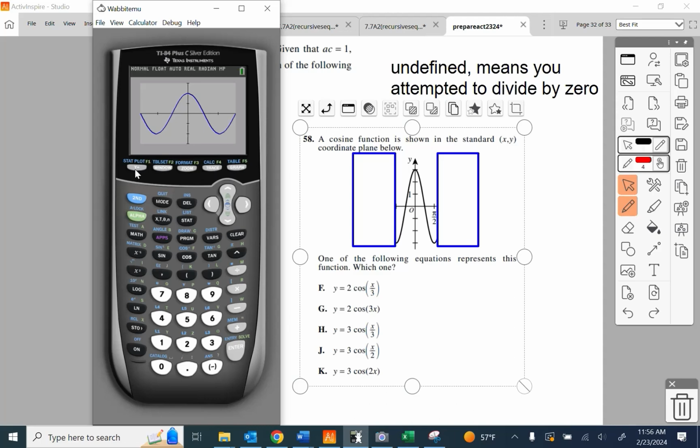So, not it. I'm kind of tired of typing in the wrong answers here, but whatever. 3 cosine x over 3 is not going to be it. As soon as you press enter, you can see it, but it did hit that 3 up top.